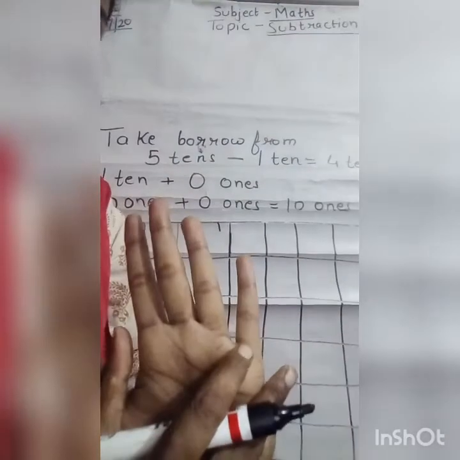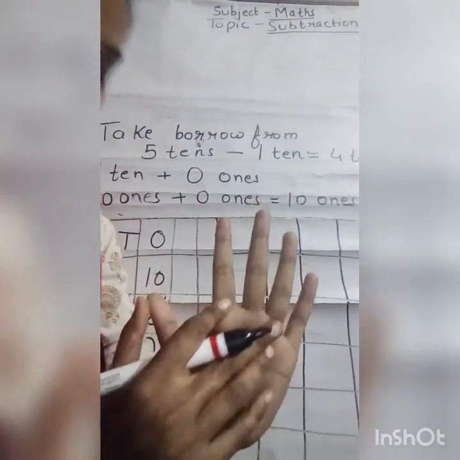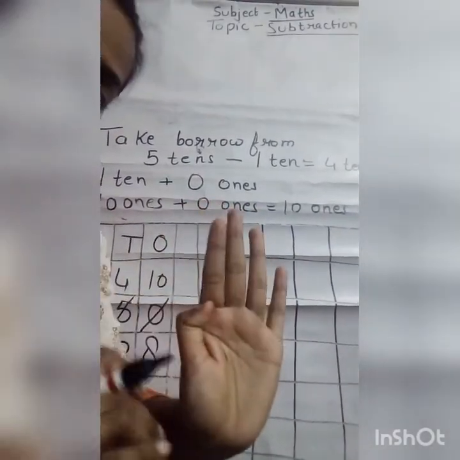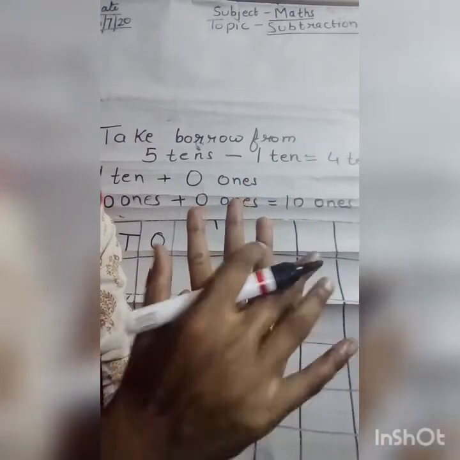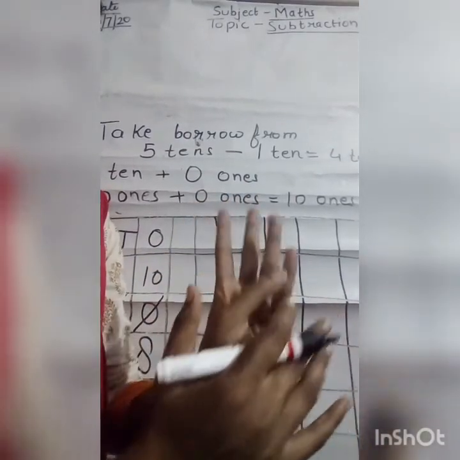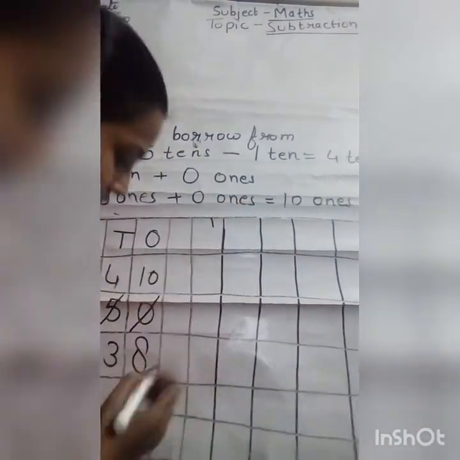Children, orally: 1, 2, 3, 4, 5, 6, 7, 8, 9, 10. From 10 we have to go backward because we have to subtract. So 1, 2, 3, 4, 5, 6, 7, 8. How many lines are left? Only 2 lines. So 10 minus 8 is 2.